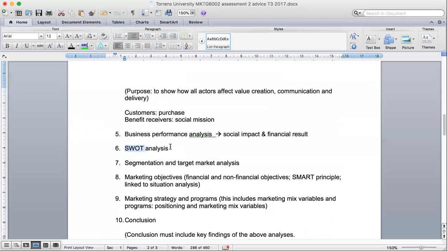SWOT analysis. I trust this is the area that we've been discussing as well in the previous topic. And please make sure that strengths and weaknesses are related to assets, capability, or resources of the organization. Okay. What are the examples?